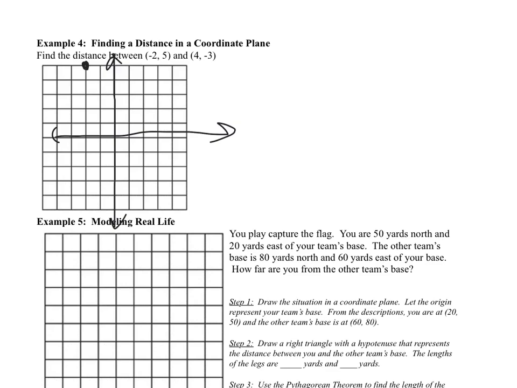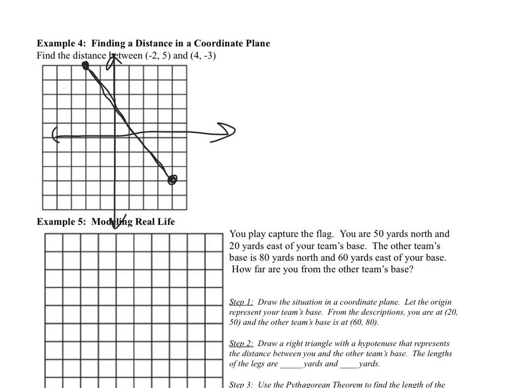And if I go 1, 2, 3, 4, 1, 2, 3, there is 4, -3. So if somebody said to me, what's the distance between those 2 points? You really can't just count boxes because they don't go straight up and down or straight left and right. So there is a fancy formula you can do, which you'll work a little bit more on next year. But there is this other way we can do.